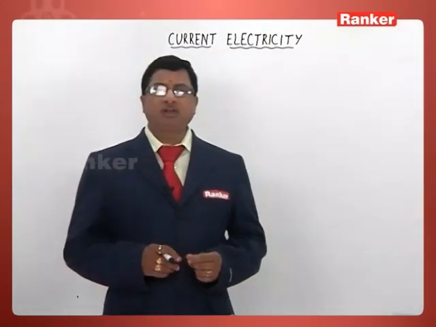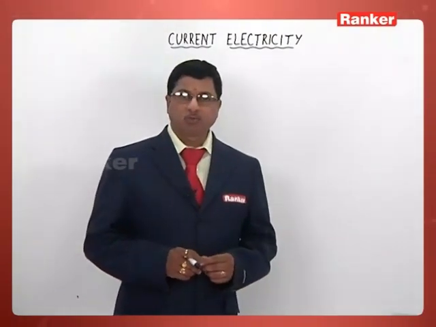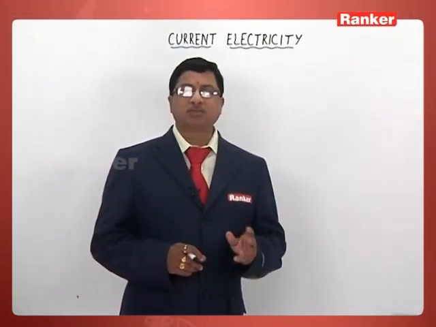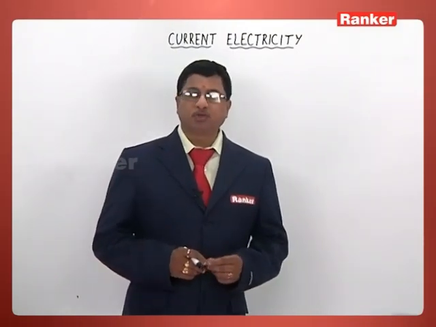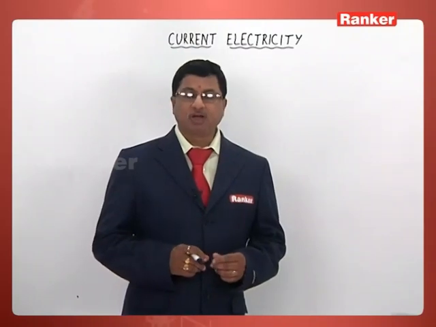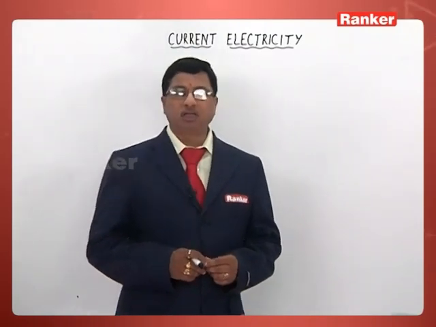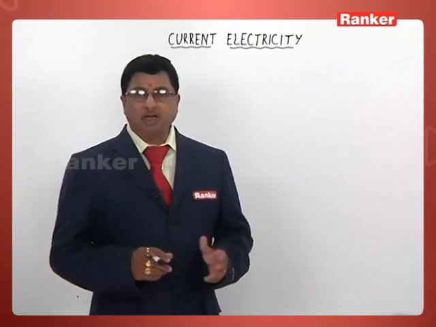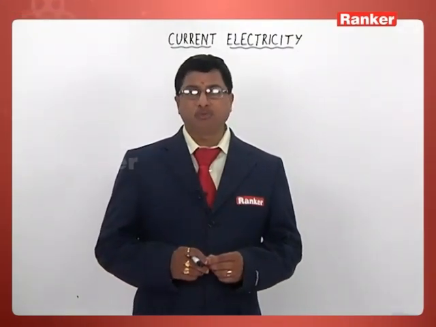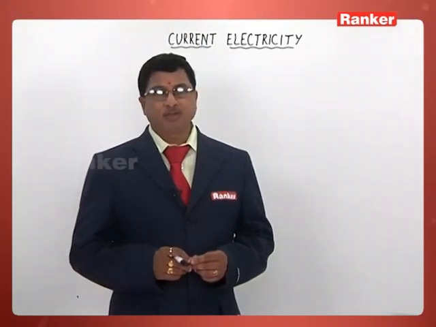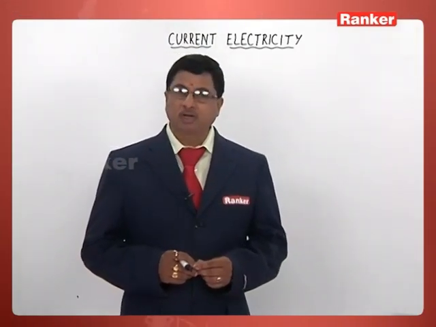In reality, when we talk about current electricity, we deal with the concept of Ohm's law. According to that, we will know how potential difference and current are related. The current across a conductor is directly proportional to the potential difference across the terminals of the conductor.